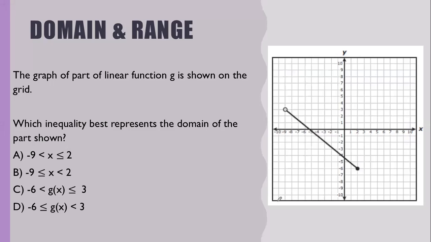Okay. Domain and range of a graph. Which inequality best represents the domain of this graph? Everyone go ahead and look at the graph and get an idea in your head.